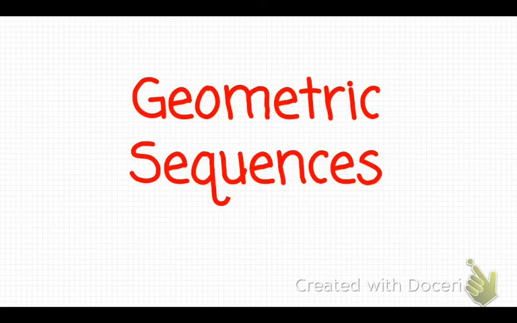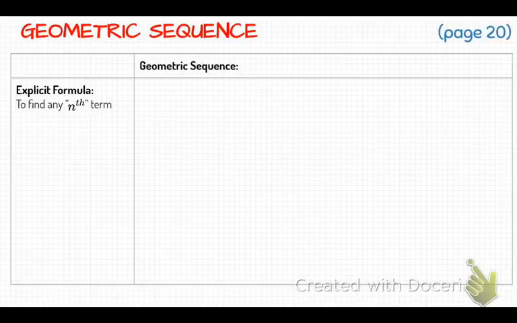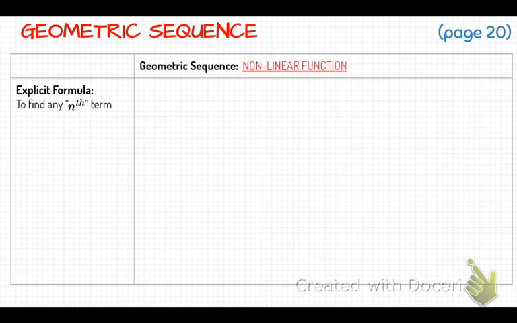Okay, for our geometric sequences, to find the nth term, so to find any term. A geometric sequence is a nonlinear function, so we have 2 types, linear and nonlinear. Linear is a line, nonlinear is everything else. So for this nonlinear function, we have a big M. What do you think the big M stands for?